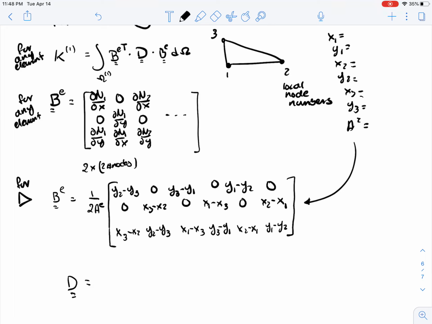Then the D matrix, that I also wrote last time in the lecture, so that just depends on the material properties for plane stress, which is what we are asked to do.